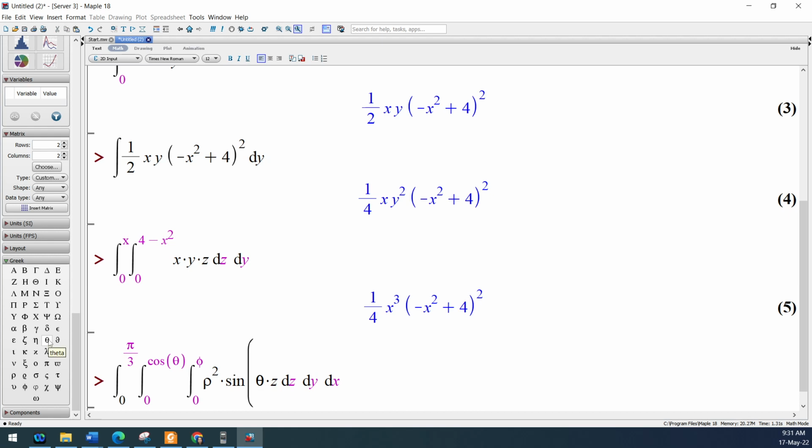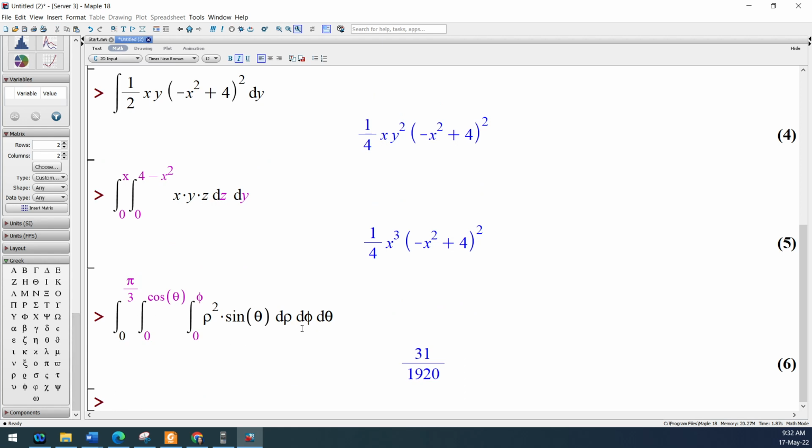You see the multiplication; the dot here is the star on your keyboard. So d rho, you change to d rho d phi d theta.